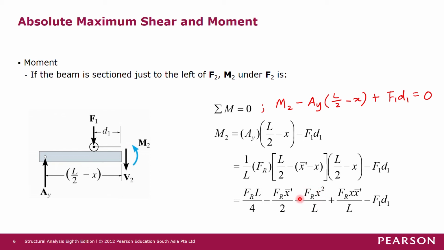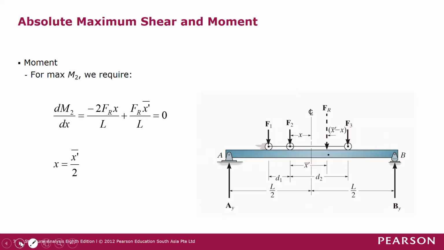So you differentiate this and get minus 2 FR x over L, and differentiating this gives FR x bar prime over L. This is a constant, so after differentiation it becomes 0. We're left with these two terms. To get maximum moment, we set dM/dx equal to 0. Solving for this, you get x equals x bar prime over 2.